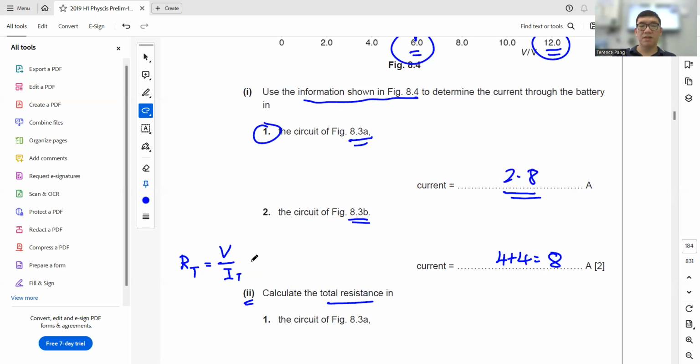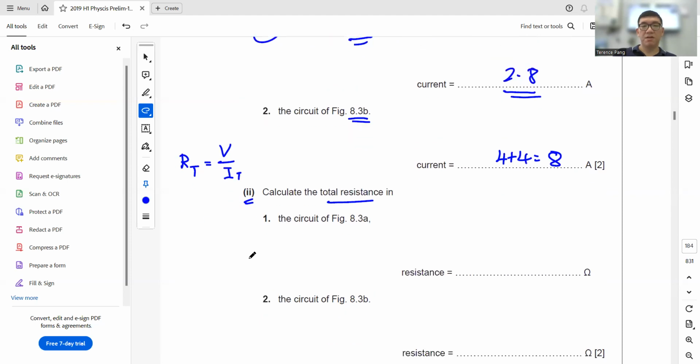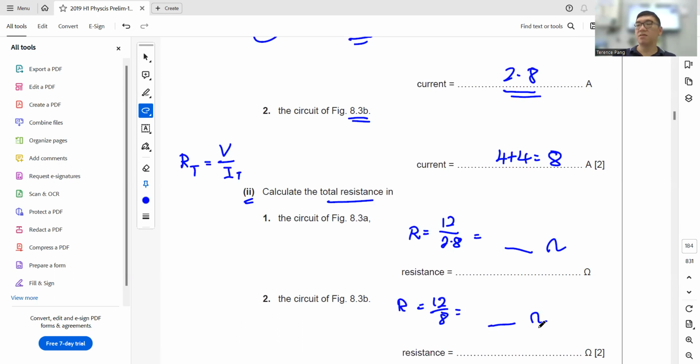For the two of them, the EMF is the same at 12 volt. So you have 12 volt over here, and in this case the current is 2.8. Then you can get the answer. The other one will be 12 divided by 8. Then you can get the answer.